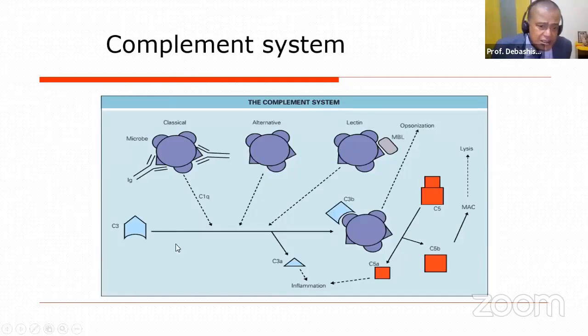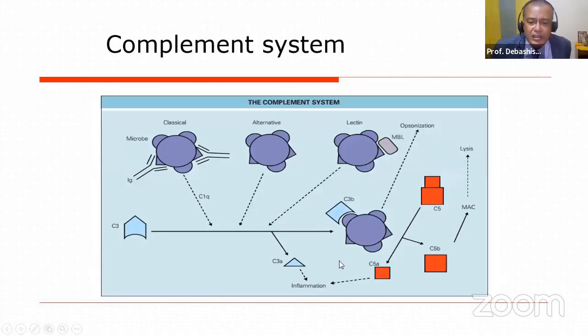So the same thing in this picture, whether it is the classic pathway by microbe binding with antibody or immunoglobulin, or the alternate pathway, or the lectin pathway through MBL, all of them act on C3, producing C3a and C3b.